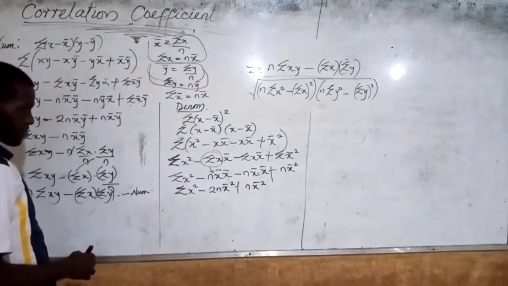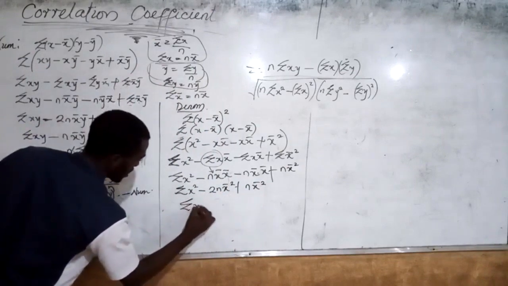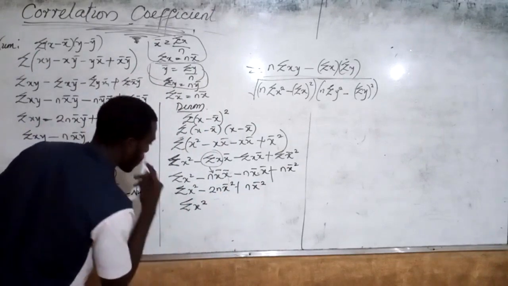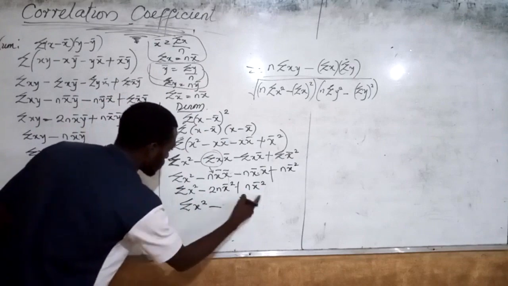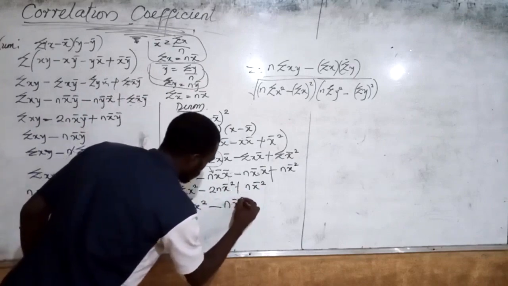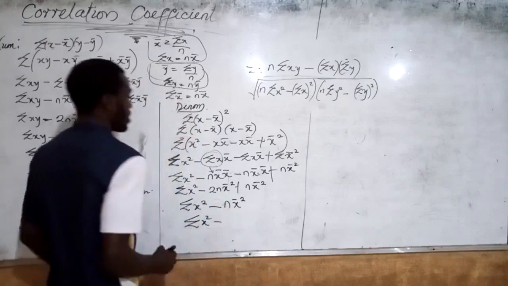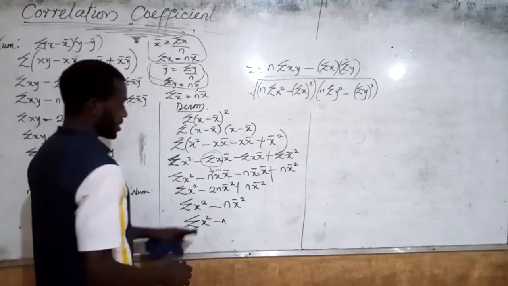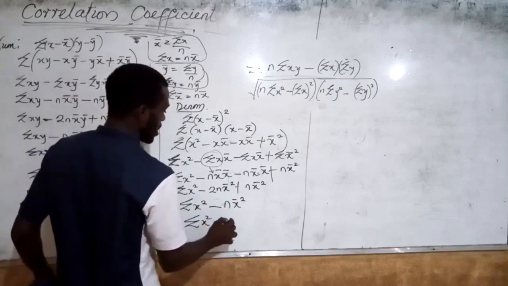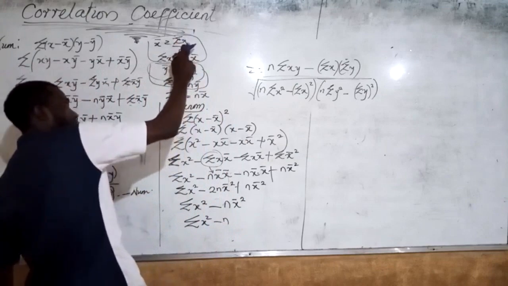So this looks alike, right? So we have summation of x squared minus this plus this gives n x bar whole squared. So now we have summation of x squared minus n, then x bar. What is x bar? x bar is basically the mean of x, which is summation x over n.